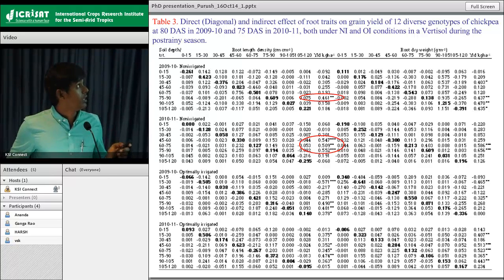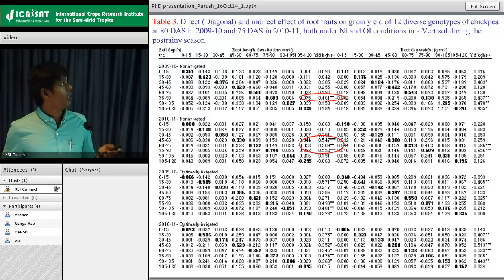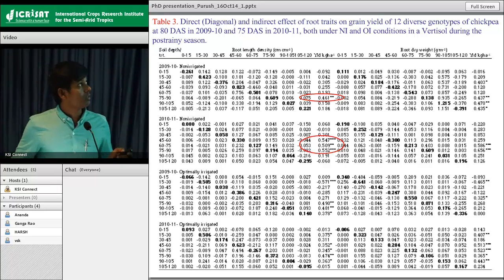At this stage, under non-irrigated condition, the root presence at 75 to 90 and the root presence at 45 to 60, 60 to 75 and 75 to 90 showed a clear significant contribution to the yield in both root length density as well as root dry weight, and the consistent contribution comes from the 75 to 90 depth in all the cases.